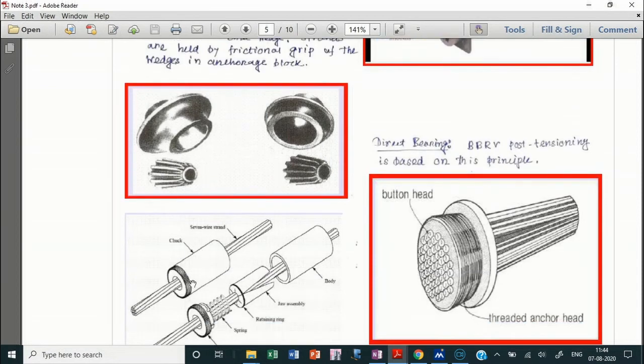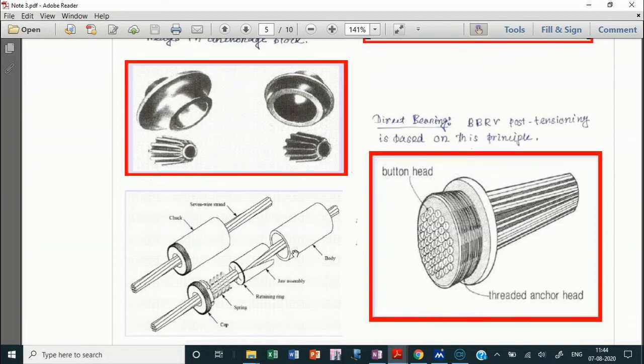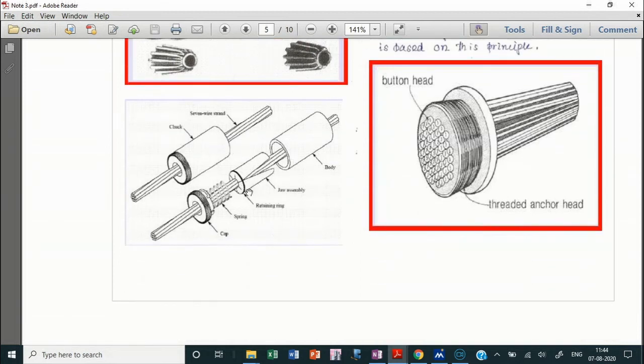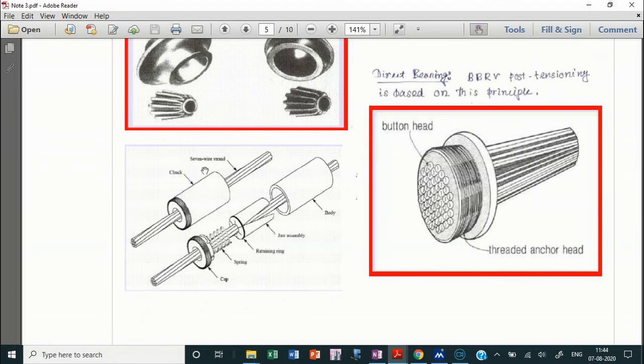Here you can also see another type, not the same type of thing, that is also a wedge action type of system, based on wedge action or friction type of anchoring devices.